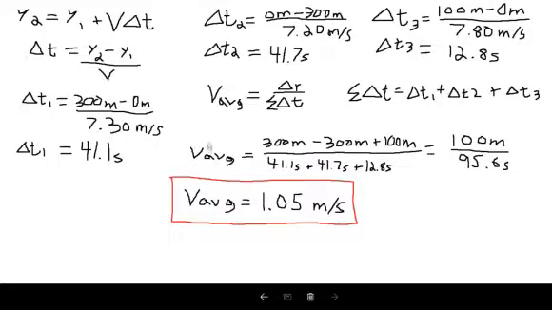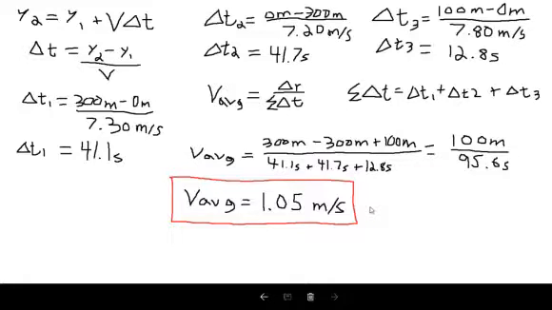Our average velocity will be 300 meters in the positive y direction minus 300 meters because it's in the negative y direction plus 100 meters in the positive y direction. You divide that by our times, and you add these up, we get 100 meters over 95.6 seconds. So our average velocity for the baton is 1.05 meters per second for the entire race.